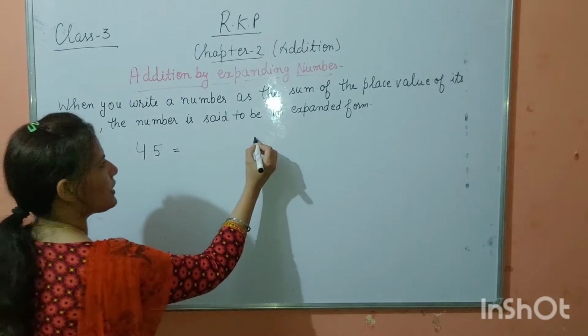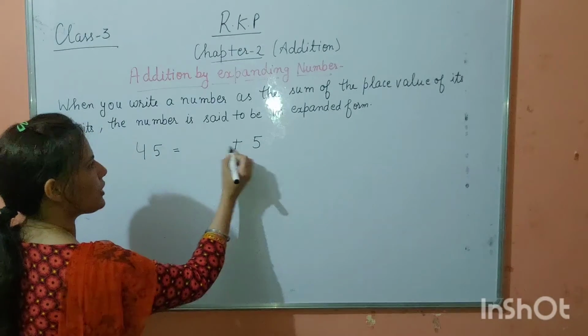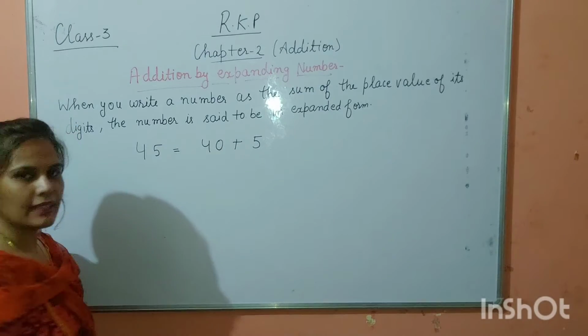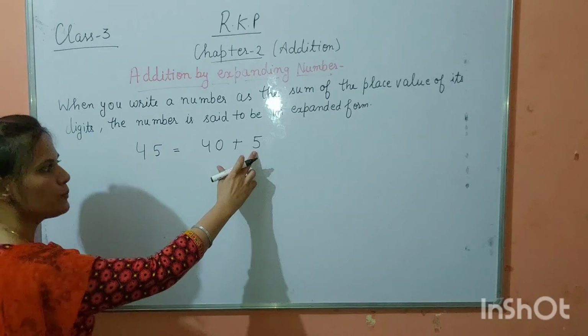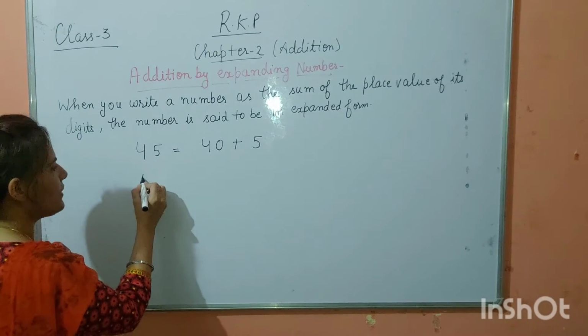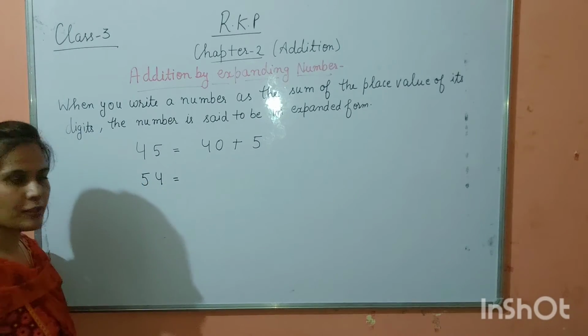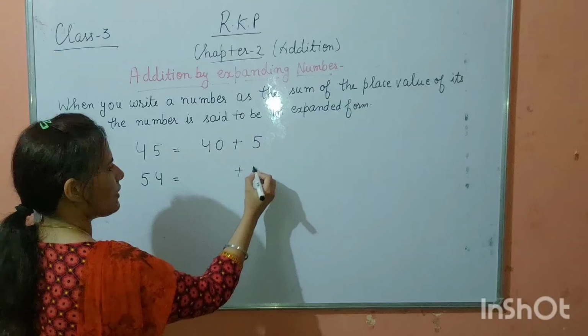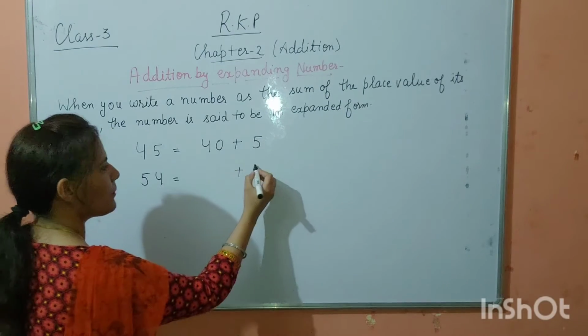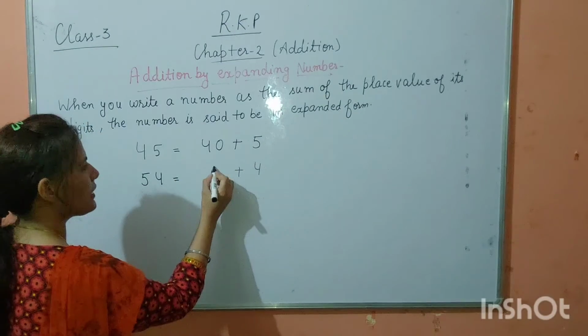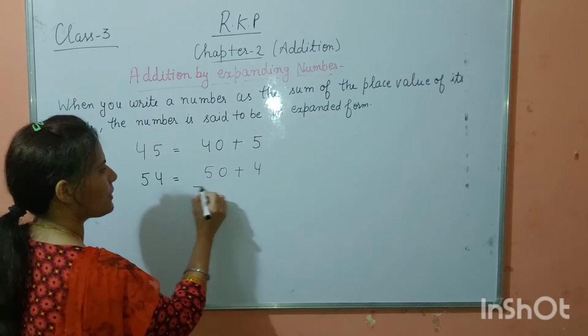Means 5 will come at 1's place and 40 will come at 10's place. That is the place value. Okay, now I will take another example, 54. If I write it in expanded form, 4 will come at 1's place and 50 will come at 10's place.